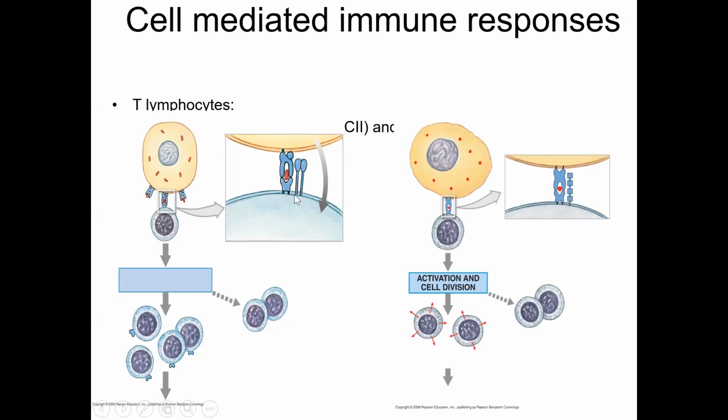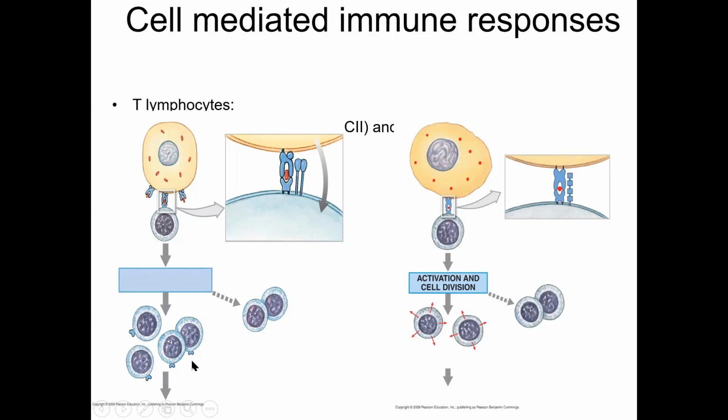Not only does the receptor need to recognize this MHC1, but there's also another arm right here that helps to secure this binding process. Once this binding is secured, this T killer cell can be activated and start mitosis to make the same T cells with the same receptors, and also save some as memory cells.